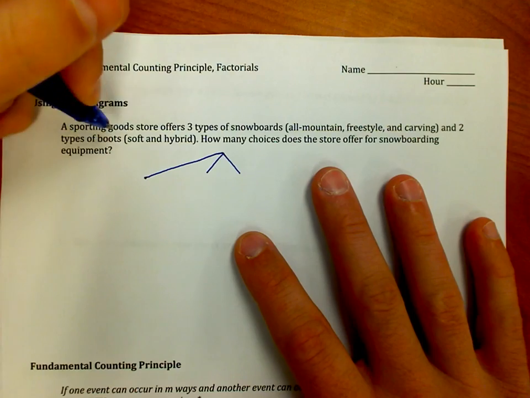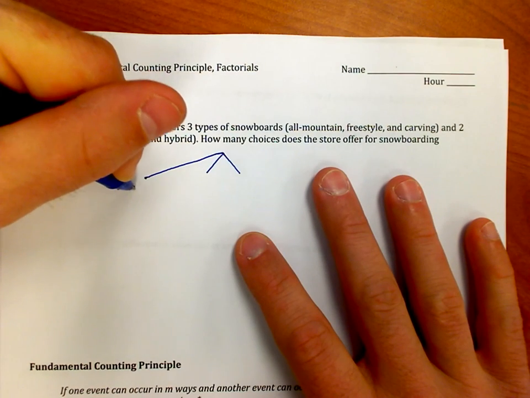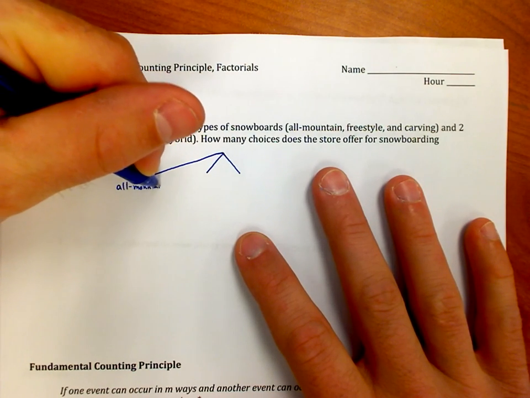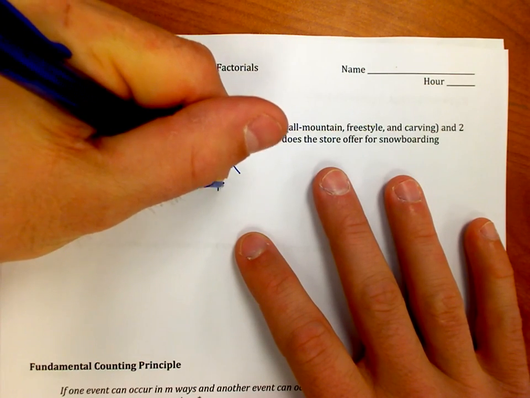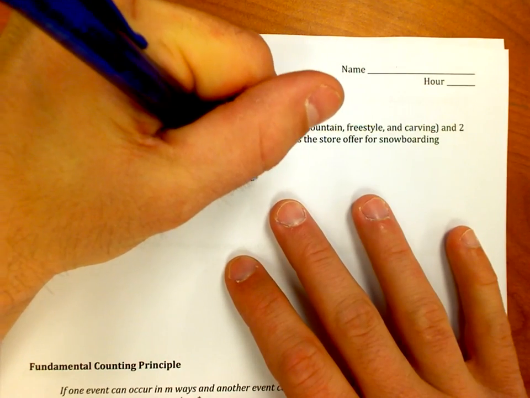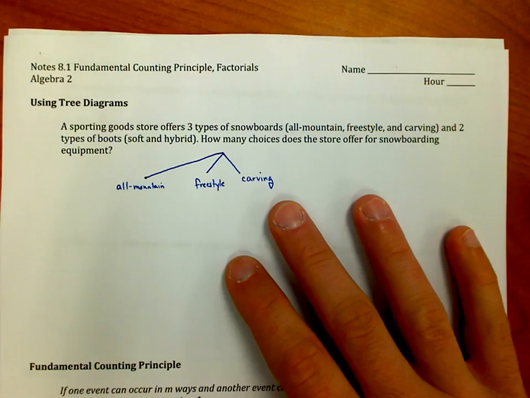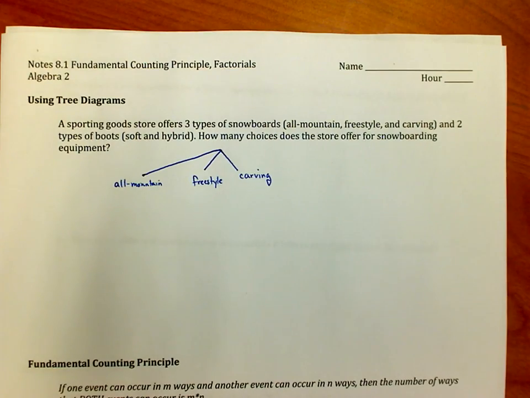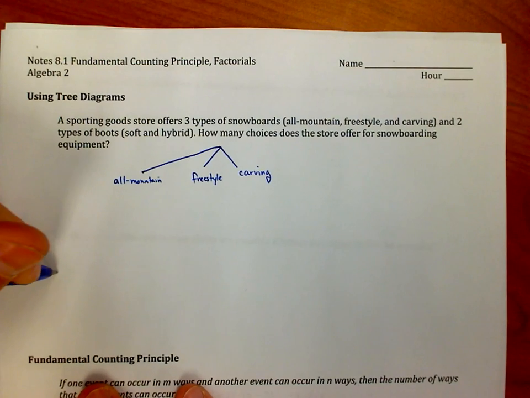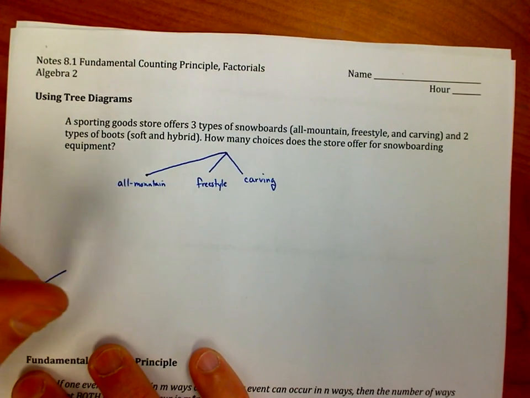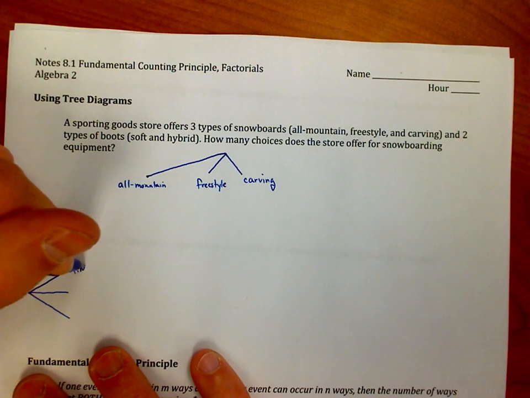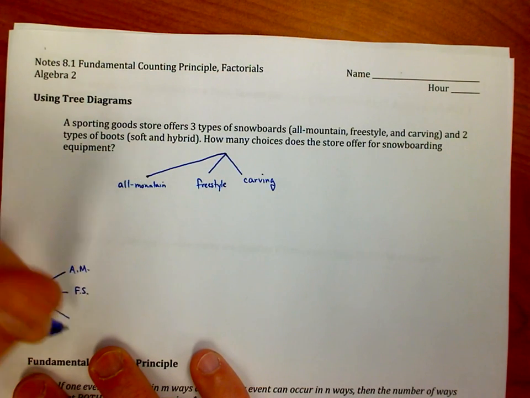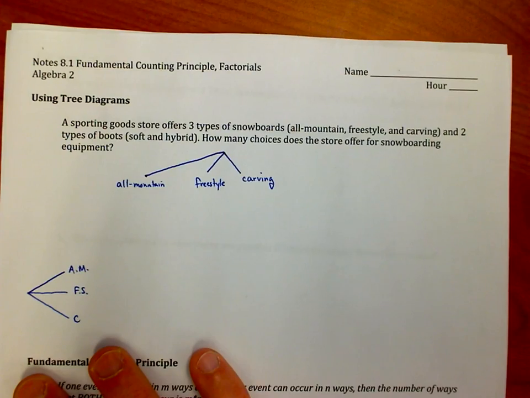The 3 types of snowboard I have are all mountain, freestyle, and carving. And so we have what looks like a tree starting to form. By the way, you could also do this horizontally, and do all mountain, freestyle, and carving this way.